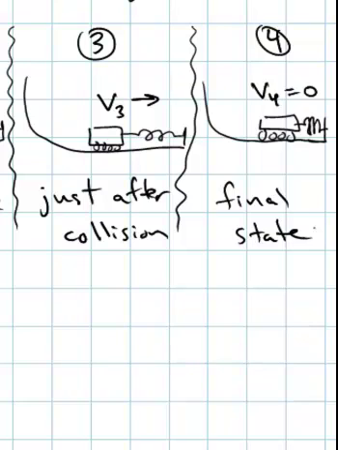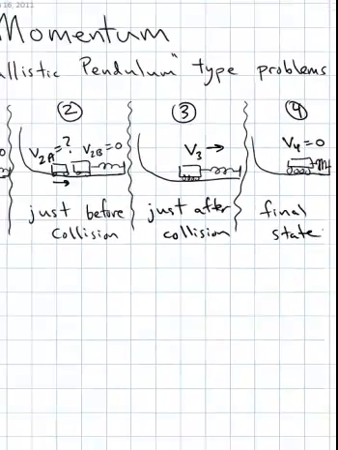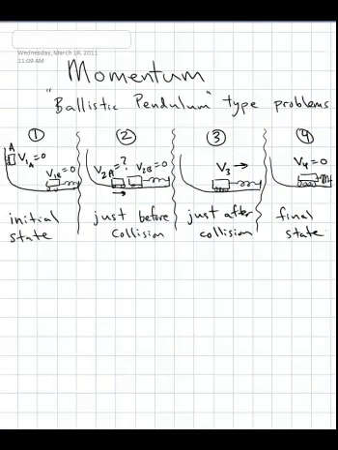I have something happens before, then I've got the collision, and then I've got something happening afterwards. So any type of ballistic pendulum problem, and again, ballistic pendulum meaning that there's a collision and either something happened before the collision or something's happening after the collision that you have to work through, break it up like this into the different time zones.